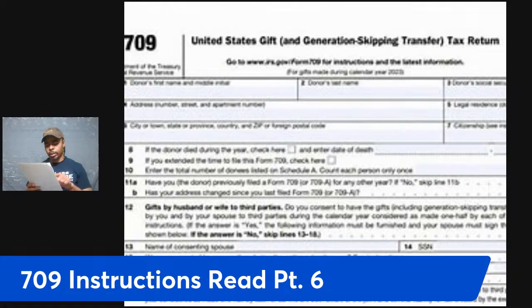If you are reporting a GST that occurred because of the close of an ETIP, complete Part 1 as follows. Column B, for transfers subject to an ETIP only, describe each transfer as provided in the instructions for Part 1 of Schedule A. In addition, describe the interest that is closing the ETIP.